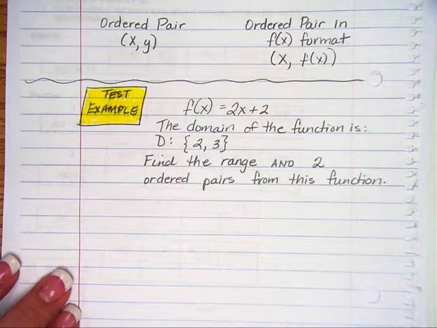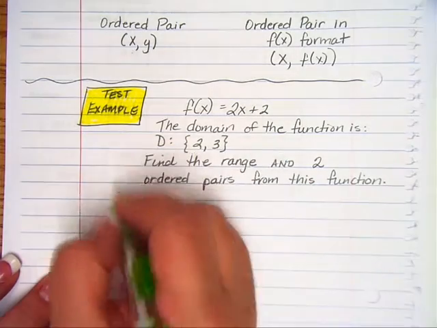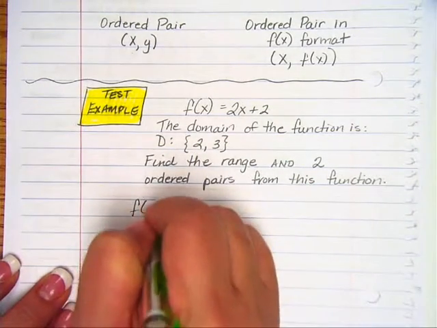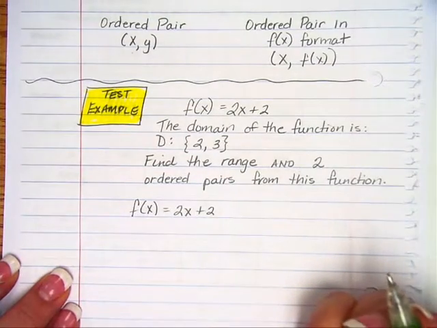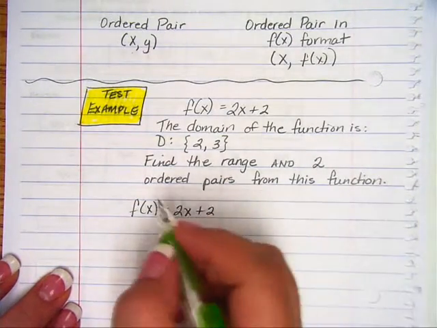Okay, what's your domain? What is domain? Input, which is the x's. Okay, so here we go. I have f of x is 2x plus 2. Why don't I just plug in these numbers for x?